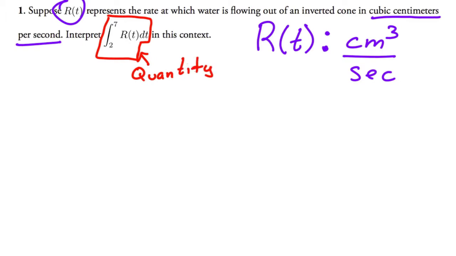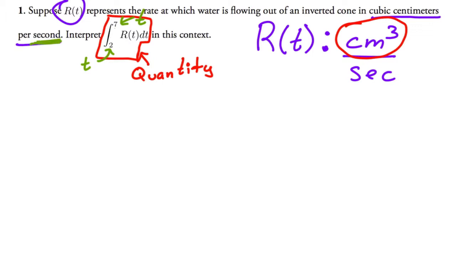The units of the quantity will be the numerator, because that's the one that tells you the quantity. The rate is simply the quantity divided by seconds. And you have to remember that the limits of integration are values of the independent variable. Since here you're integrating with respect to t, those represent t values, so the 2 and 7 represent seconds.